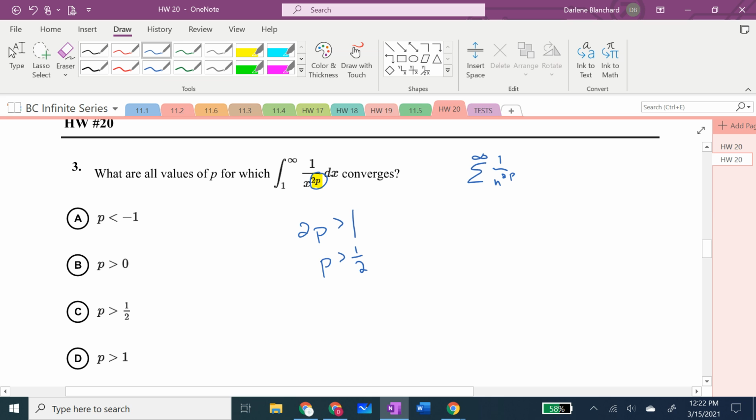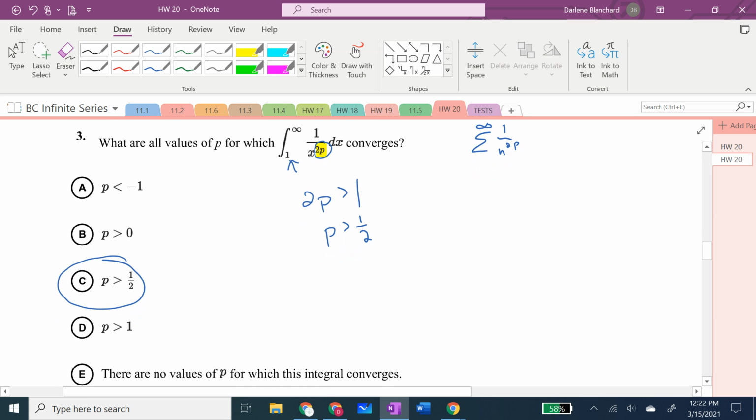But if I use the integral test, all I need is for that formula to be continuous, positive, and decreasing. Continuous, positive, and decreasing. And it is with x values that are from 1 to infinity. So that gives us that it will converge if p is greater than 1/2.